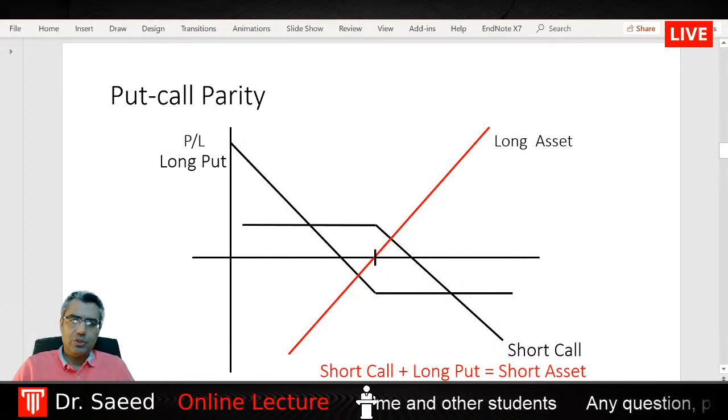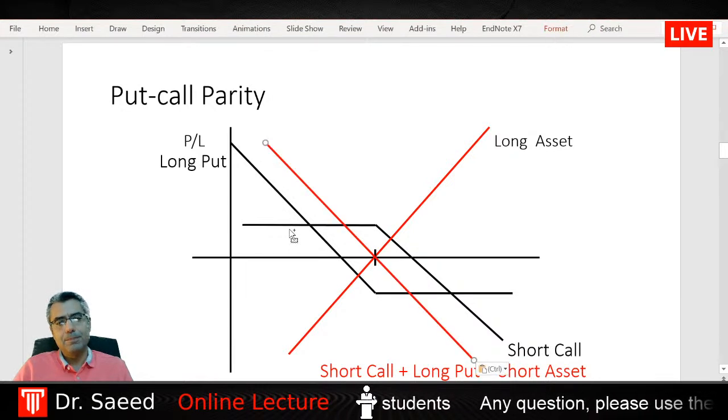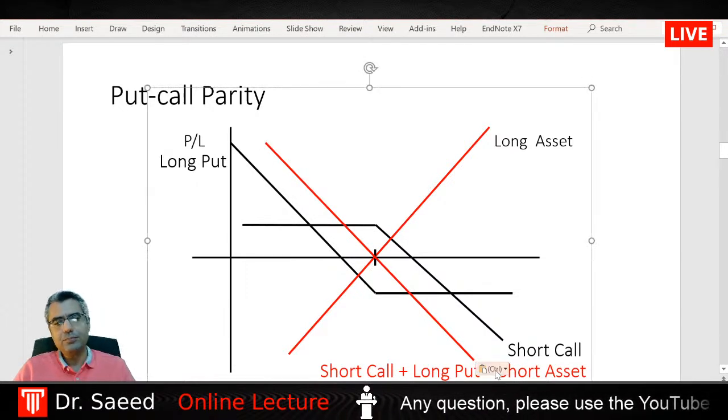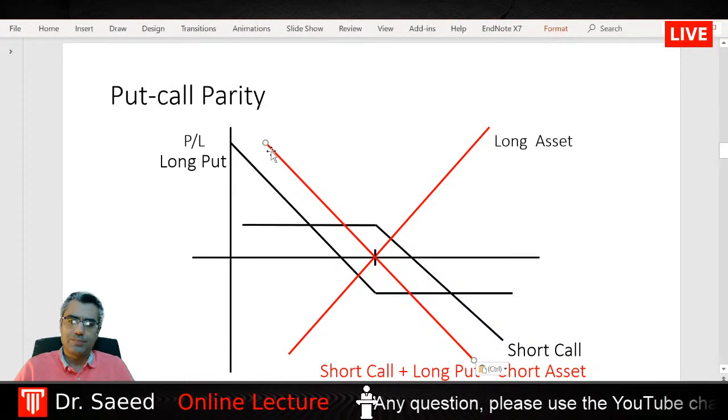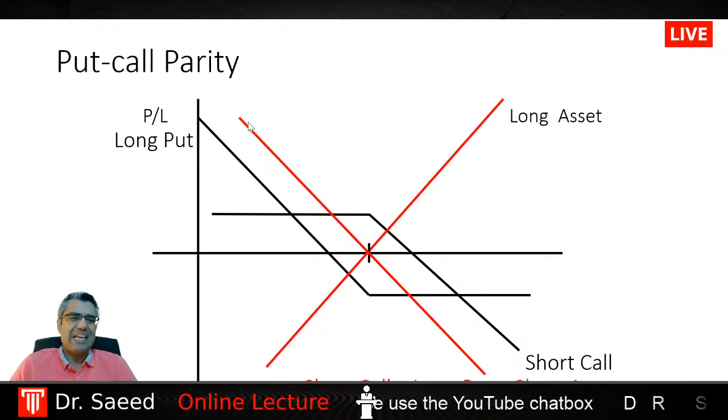If long put and short call are both together, these two together mean short asset. So this red one is short call plus long put, which is the same as short asset.